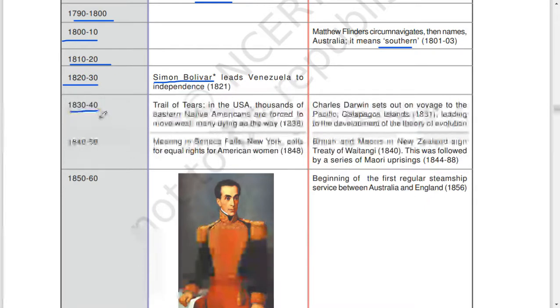Thousands of Eastern Native Americans are forced to move west, many dying on the way, 1838. Charles Darwin sets out on voyages to the Pacific, Galapagos Islands, 1831, leading to the development of the theory of evolution.